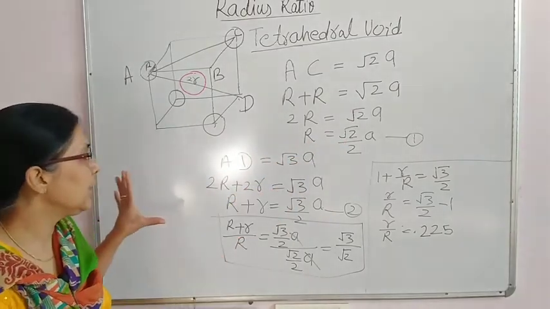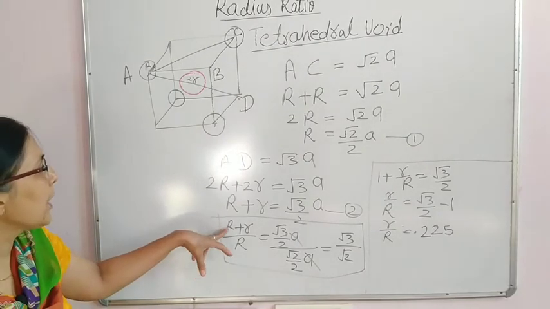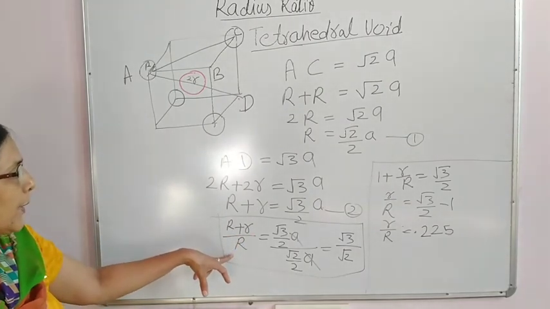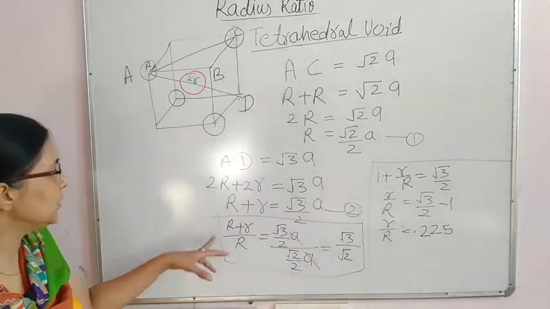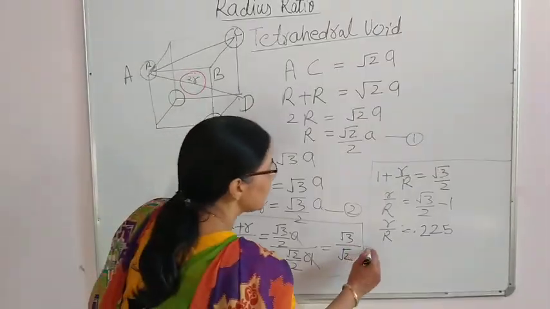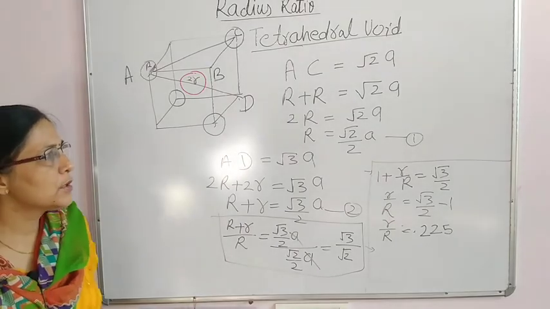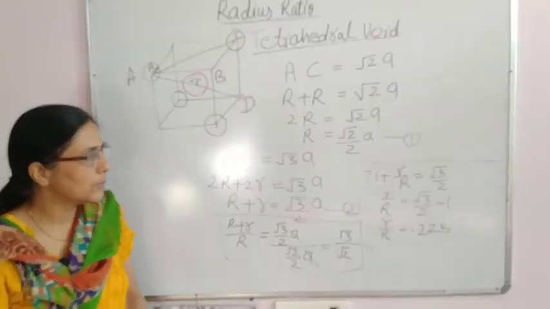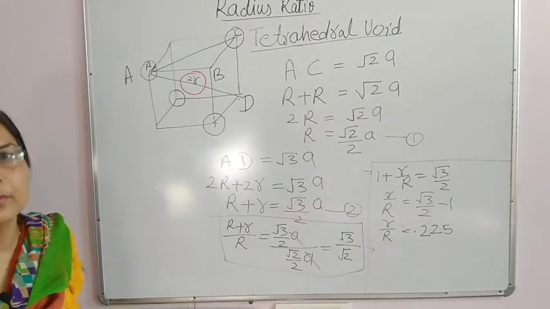By dividing both equations, I got the relationship: capital R plus small r divided by R is equal to root 3 upon root 2. And the next term: 1 plus r upon R is equal to root 3 by root 2. And now after calculation it is equal to 0.225.